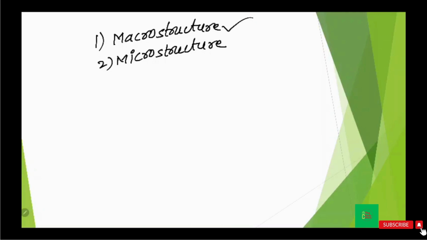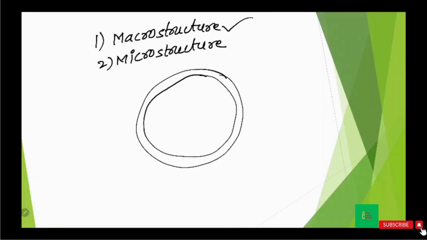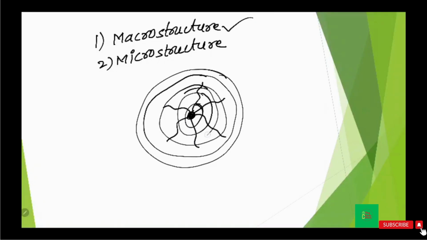There are different components in the wood. Cross section of an exogenous tree is like this. This is the wood, and it starts from this.